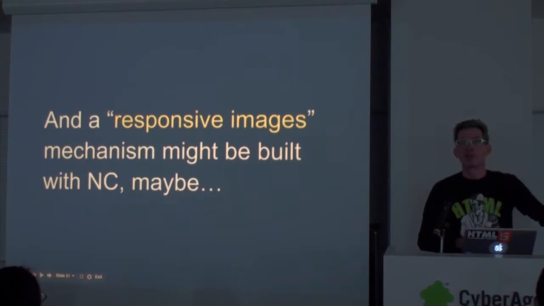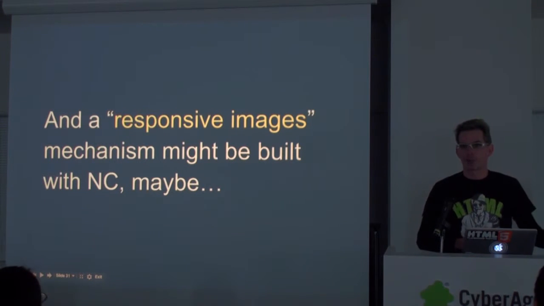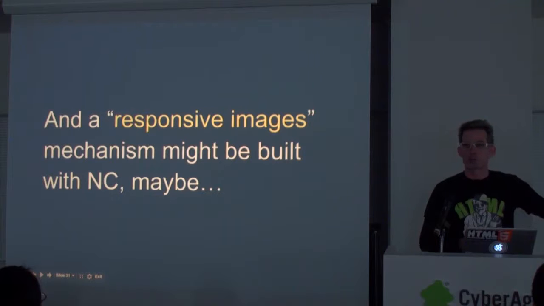And the idea then is that the browser decides which of those images to display on which kind of device, because the browser knows what kind of device it's running on. It has some information about the system that it's running on. And so the browser is in the best position to make a decision about which image to show on a certain device. The idea of this is that it's client-side only.